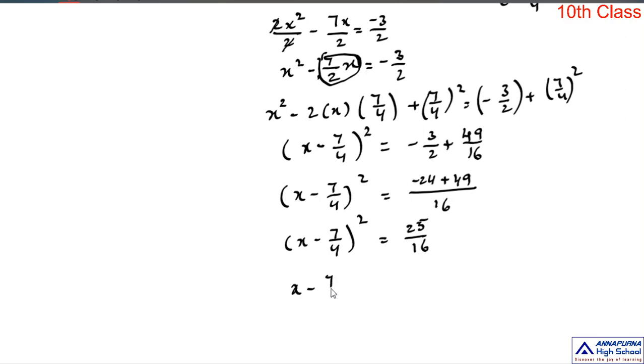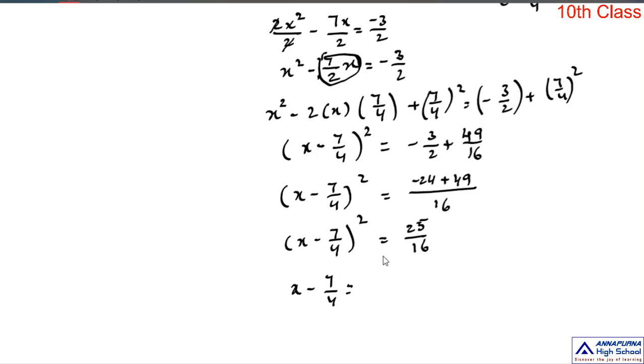Now transpose this square to the right side. So x minus 7 by 4 is equal to, we are transposing the square to the right side. Now it changes to root. That means we are finding the square root of the right side part. In the previous classes we already discussed this point. If you find the square root of any real number, it has two square root values.